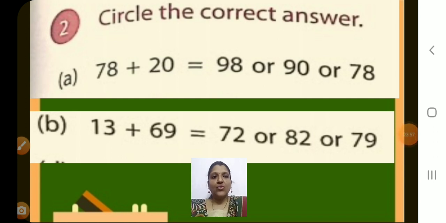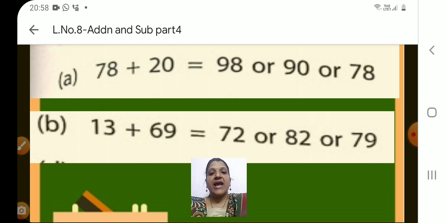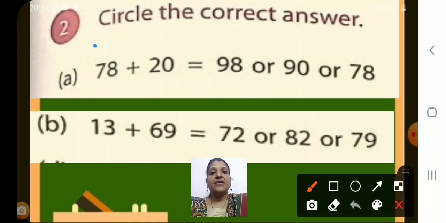Question number 2. Circle the correct answer. First is 78 plus 20 equals 98 or 90 or 78. Children, here we have to solve the example horizontally, find out the answer and then circle the correct answer. So for this, we will just put the places T and O above the numbers.